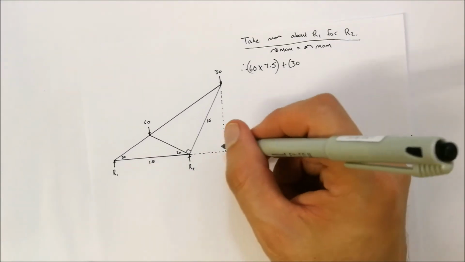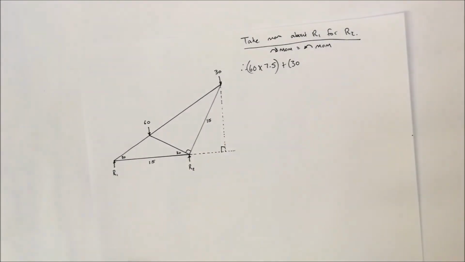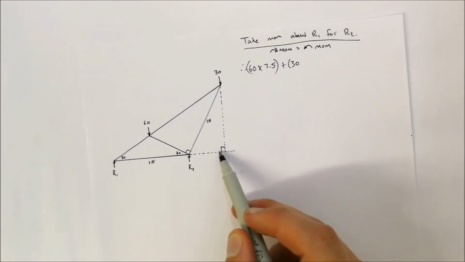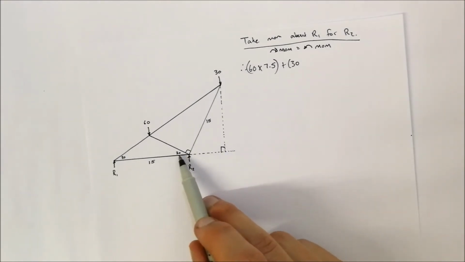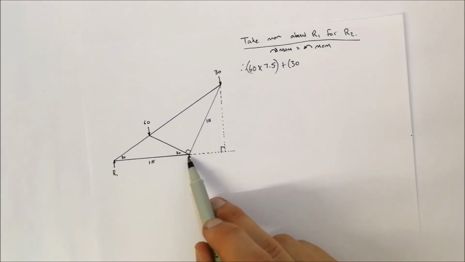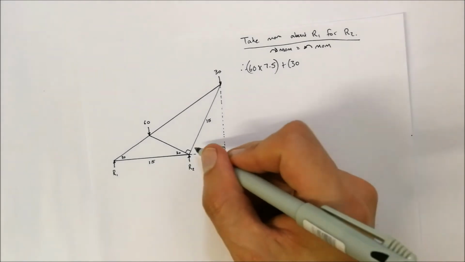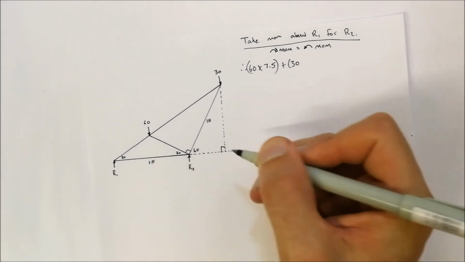And we know that this is 90 degrees. So if this is 90 degrees, and that is 30 degrees over there, and we've got 90 degrees over there, that means that this must be 60 degrees. So we can indicate over there that's 60 degrees.